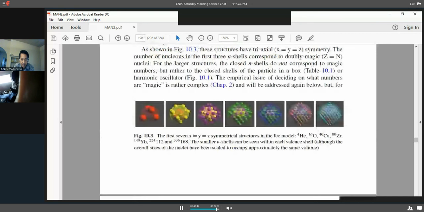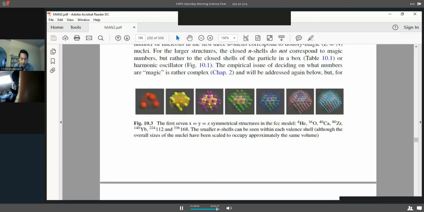So he's got helium, then oxygen, calcium. Now you see his model here with oxygen.